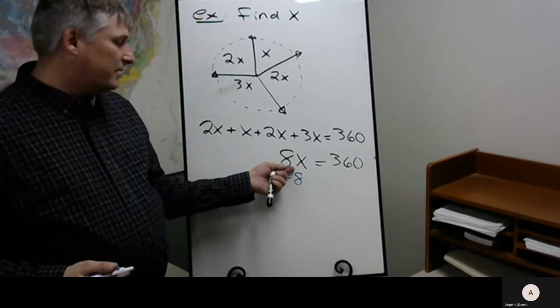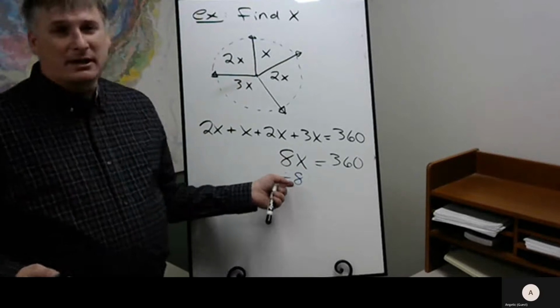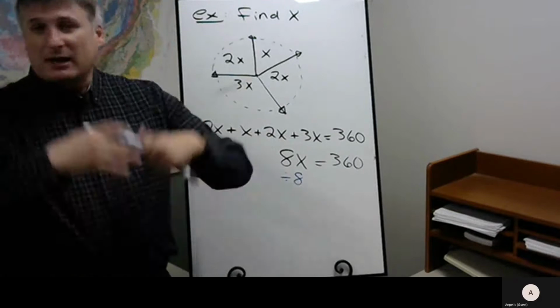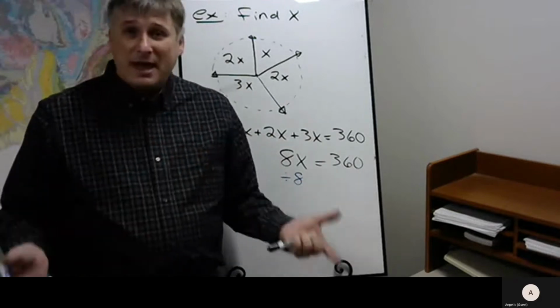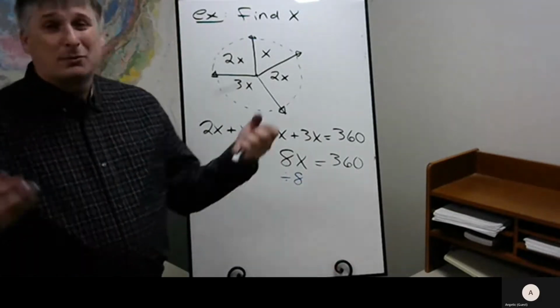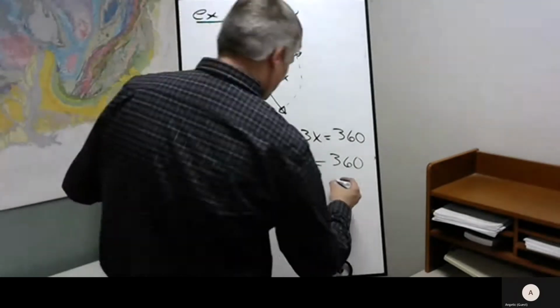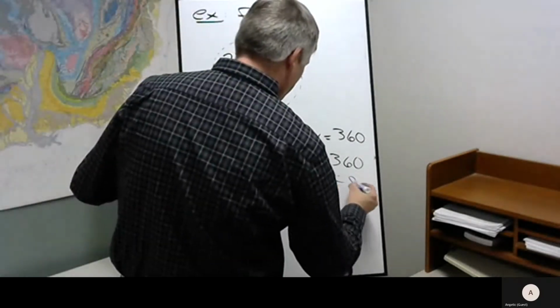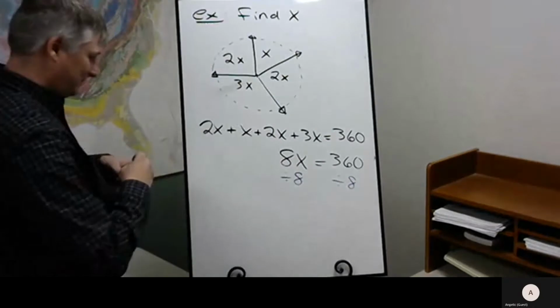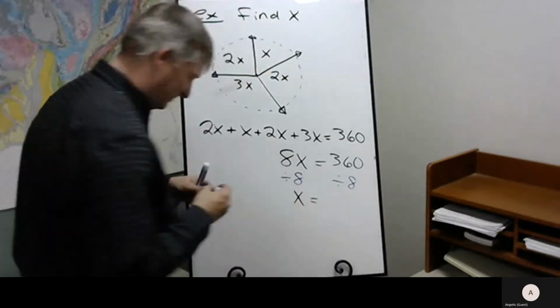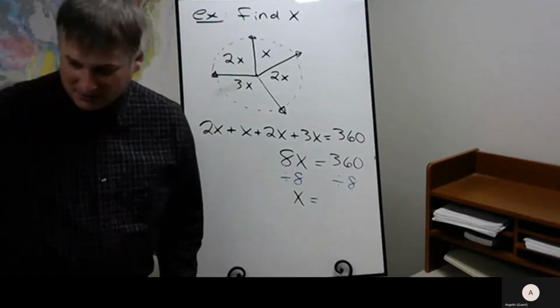So multiplying by 8 and then dividing by 8, well, that undoes itself. And so you're just left with x. But then what we do to one side, we have to do to the other.